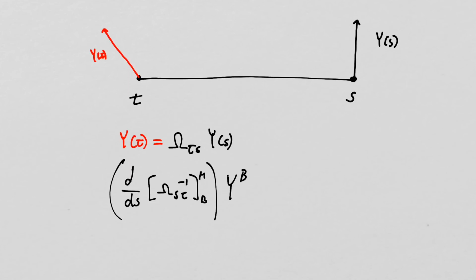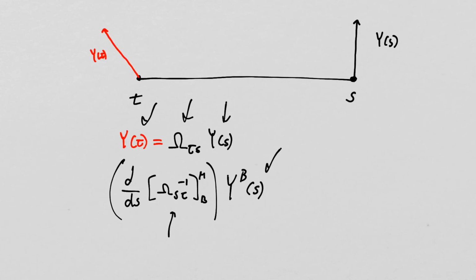These are the components of a vector at s. So you would have the vector at s, the operator that goes from s to t, and then the vector at t. Here you have the vector at s, and this is an operator that goes from s to t because it's the inverse of an operator that goes from t to s.